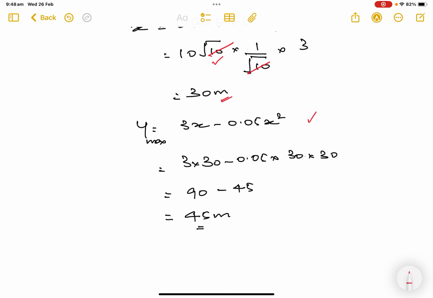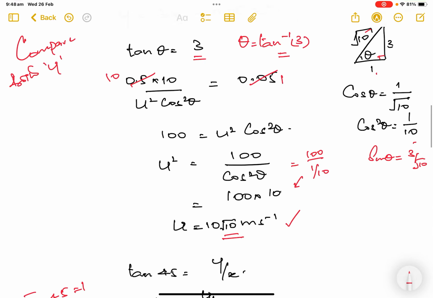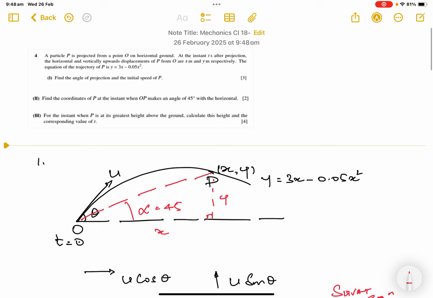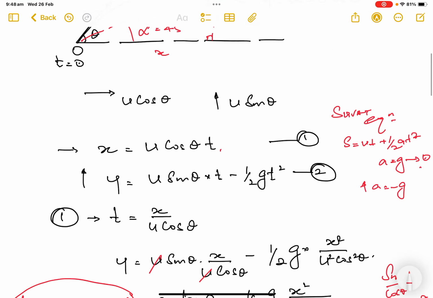The first part is 90, and for the second part, 5 times 3 times 3 is 9 times 5, which is 45. So 90 minus 45 is 45 meters. So the greatest height is 45 meters. The corresponding value of t we already found, 3 seconds.